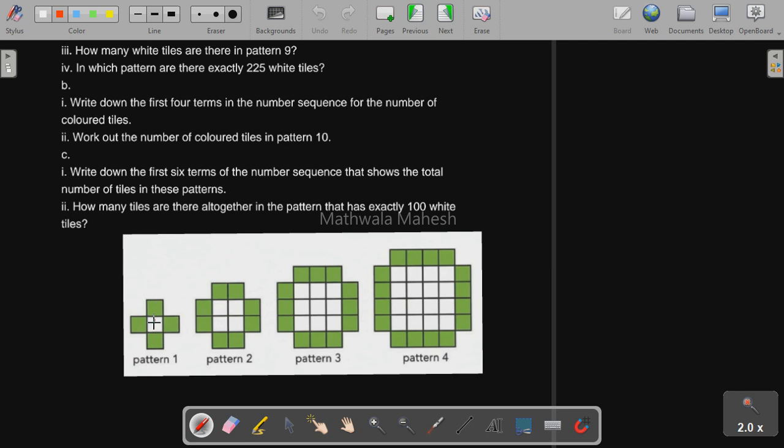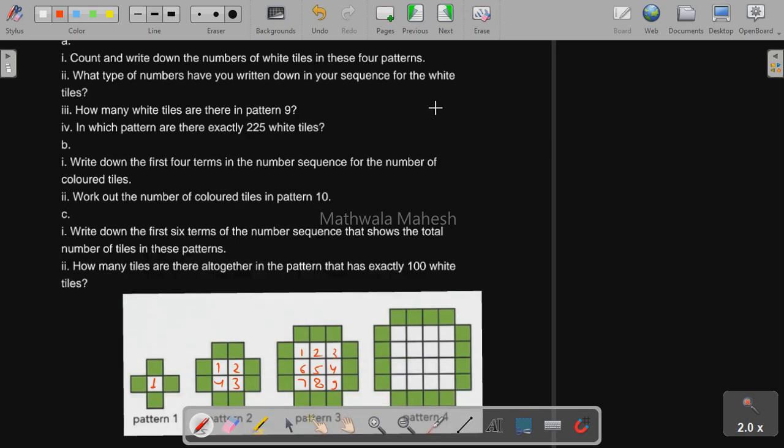We can see that there are one, two, three, four tiles, and 1, 2, 3, 4, 5, 6, 7, 8, 9, 9 tiles, and then 16. So the pattern is 1, 4, 9, and 16, because we have to find white tiles only.